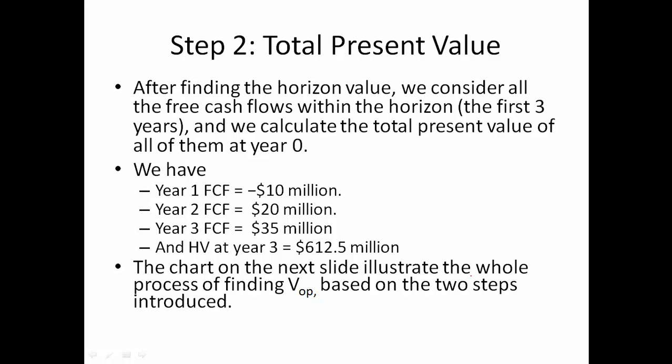Step 2 is to calculate the total present value. So after finding the horizon value, we consider all the free cash flows within the horizon, or say within the first 3 years, and we calculate the total present value of all of them at year 0. So we have year 1 free cash flow, year 2 free cash flow, year 3 free cash flow, and then we have the horizon value at the end of year 3.